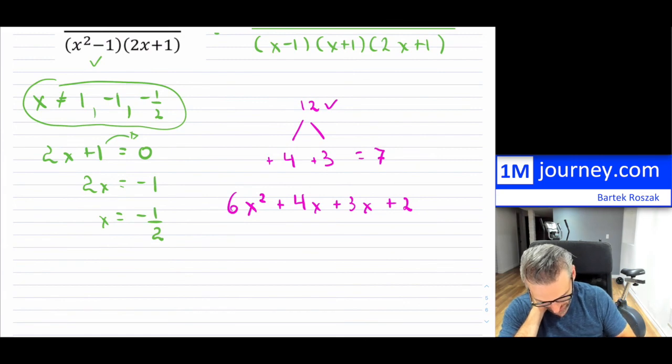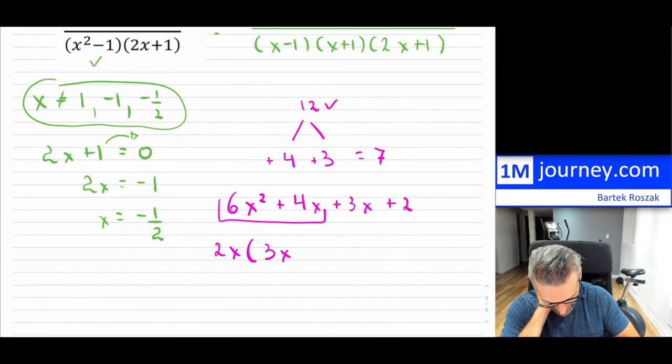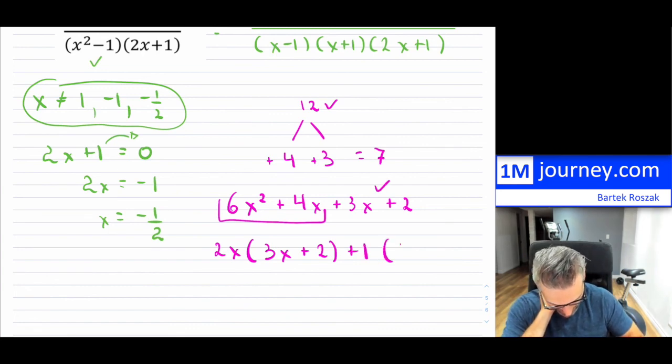And now, let's take out, okay, so what do we have? I can take out 2x. I'm going to group these two together. It will give me 3x plus 2. It should be that. And then here we actually have that, so we're only going to take out 1.